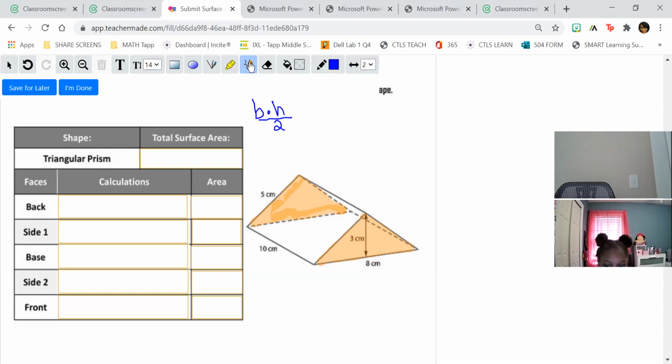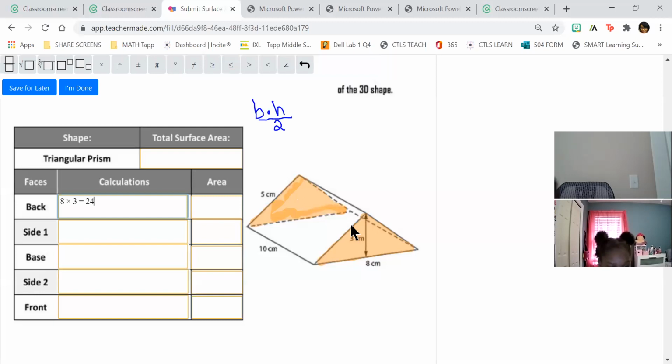Okay, so this means that I need to now look at my base. The base of this triangle I see is 8. So 8, I'm going to click up here, times, and the height it's showing me is 3. So 8 times 3 equals 24. But I'm not done yet. I did the base times height. Now it is time for me to divide by 2.